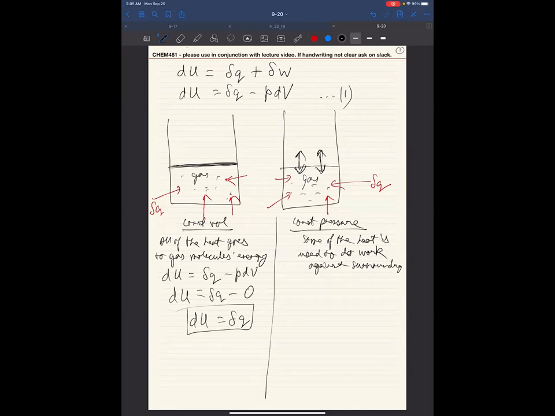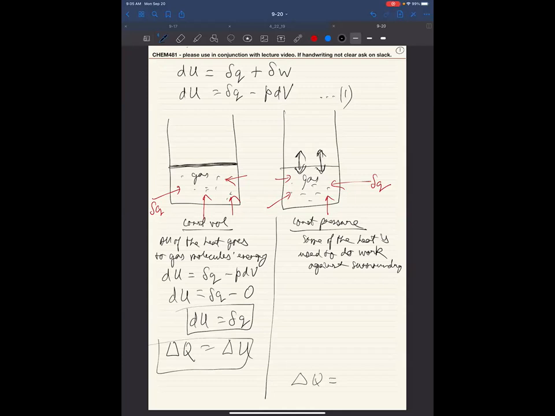And this is the differential form. We could also think of an integrated form. If you have given Q heat to the system, all of it goes into changing the internal energy of the system. The question we ask for the second case is, what happens to the heat over here?